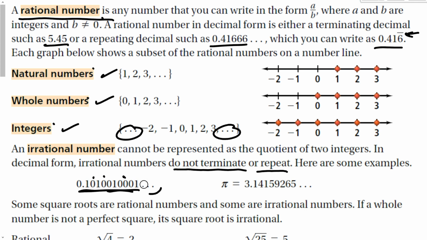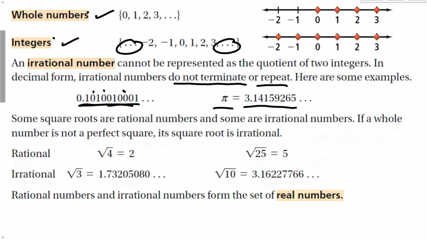It doesn't mean that the 1 repeats. If the 1 repeated, it would be a rational number. Also, symbols like pi, which is that symbol right there. There are others like phi, like e. Probably won't hear about those again for a while. But numbers like pi, which are a decimal that never repeats, are irrational numbers.